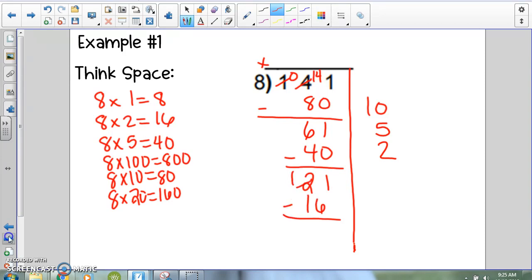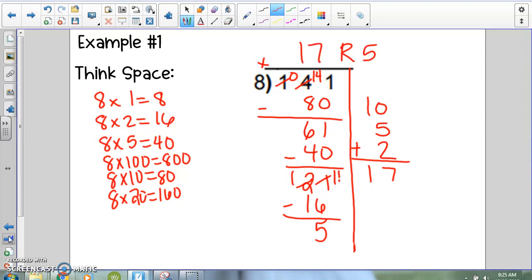When we subtract, we get 5. Now, there's not any other multiple that we could multiply by 8 to subtract from 5, and so we're now finished. We have 5 plus 0 plus 2 is 7, and then 1 plus nothing is 1. And so we're left with 17, remainder 5.